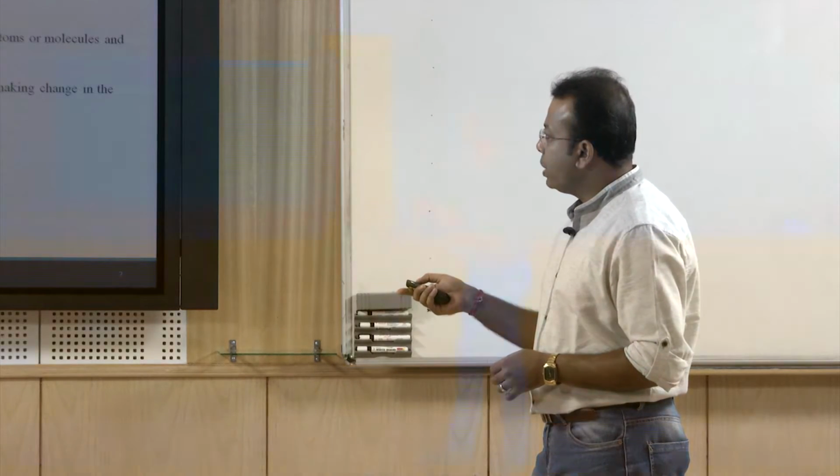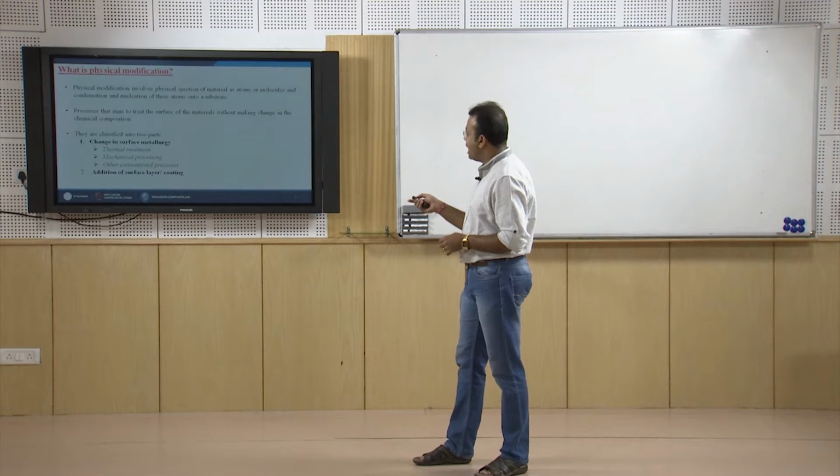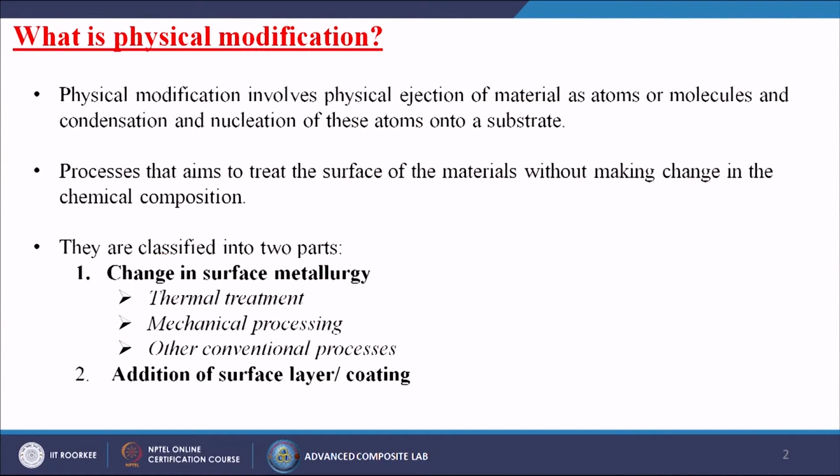Physical modification involves physical ejection of materials as atoms or molecules, and condensation and nucleation of these atoms onto a substrate, a process that aims to treat the surface of the material without making a change in the chemical composition. That means we are not going to change the chemical composition of that particular material, nor its chemical structure.